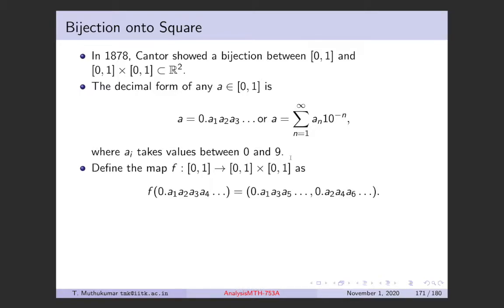So what Cantor did was he defined a map from 0 1 to the square using this decimal expansion. Any element here is of this form.